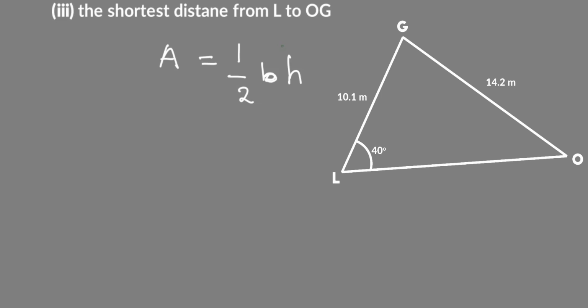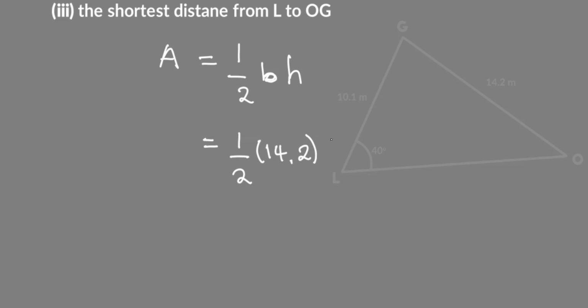If you look at OG and we put it as our base, we can easily find H. 14.2. And we have our H like that. Our area here, we can use the 66.1098. Just getting more values from our answer. And then we can work out the answer.